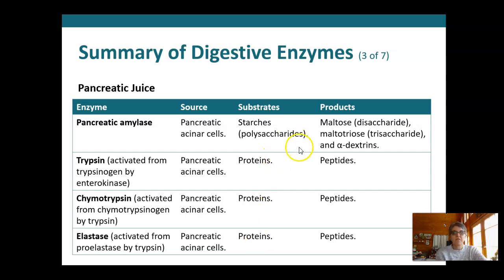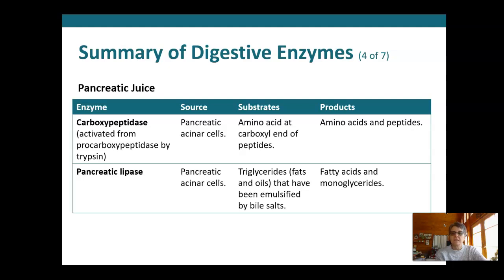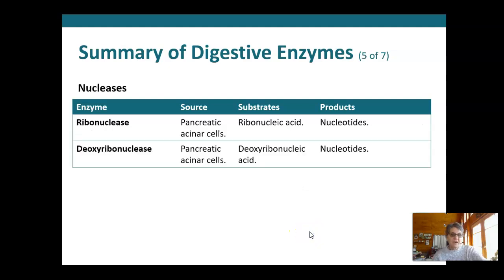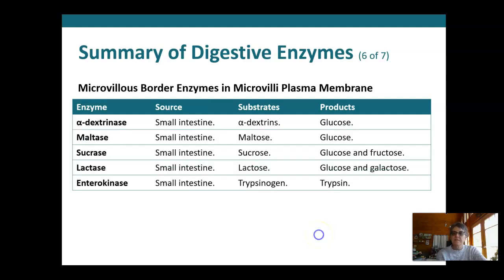So there's amylase for carbohydrates, there's trypsin for proteins, chymotrypsin, elastase, other sorts of peptidases, and then there's pancreatic lipase for lipids. The pancreas also is the main organ for producing nucleases for digesting DNA and RNA found in products that you eat.